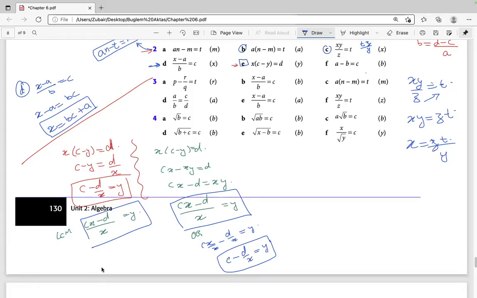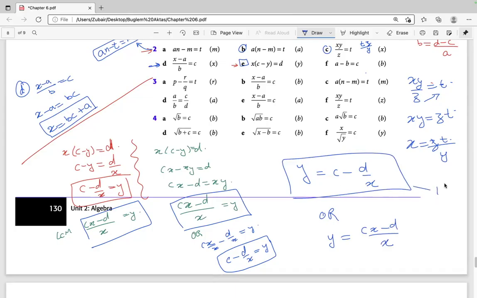D is in the numerator, so it's not C in the denominator. We have two different answers. Y equals C minus D over X, or the second one is Y equals CX minus D over X. These are the two possible answers.